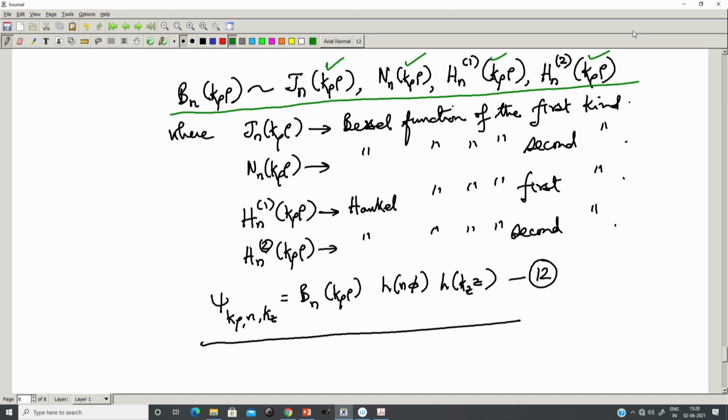In addition, we must remember that k rho and k z are interrelated by equation number 8, which is k rho square plus k z square equal to k square, which we had called equation number 8 previously.